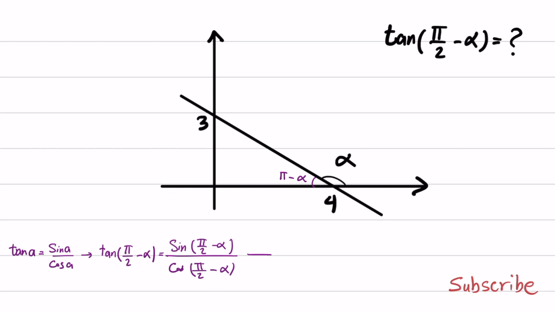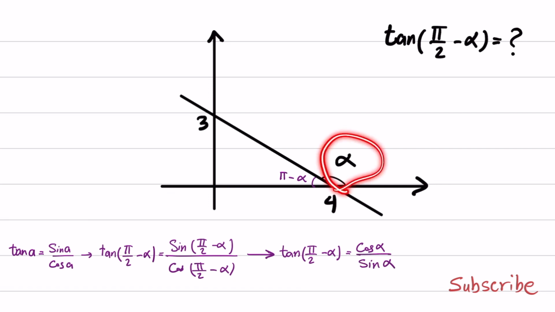We know that sine of pi over 2 minus alpha is equal to cosine alpha, and cosine of pi over 2 minus alpha is equal to sine alpha. So if you replace these, tangent pi over 2 minus alpha is equal to cosine alpha divided by sine alpha.